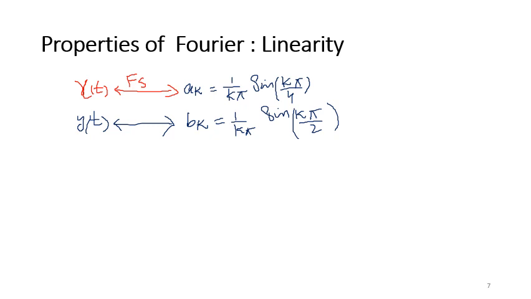If you don't understand this, you can straight away again find the Fourier series coefficients for the individual signal, right? So scaling this by a factor of 3 by 2.